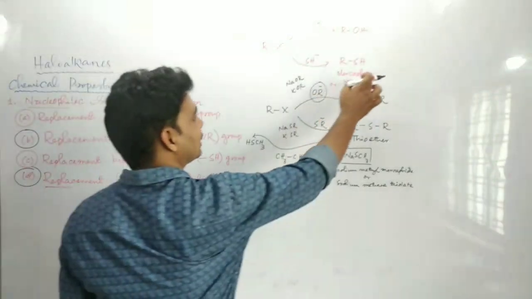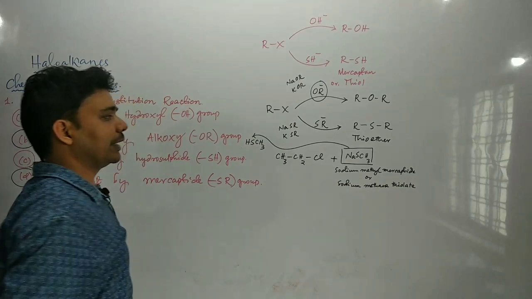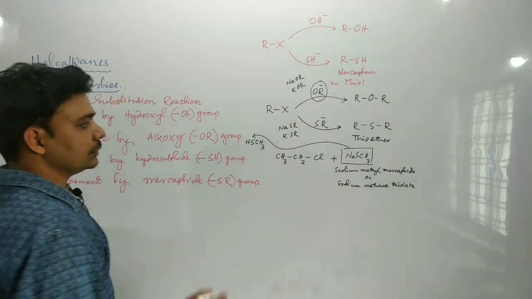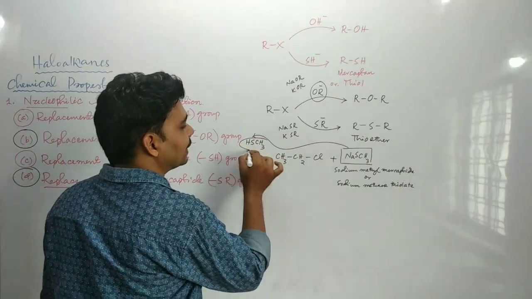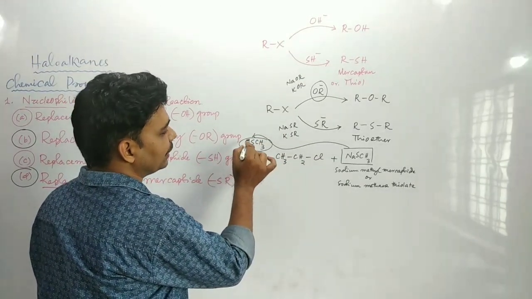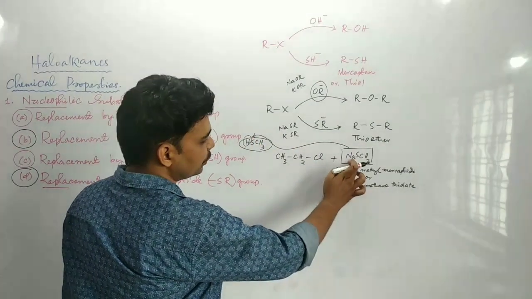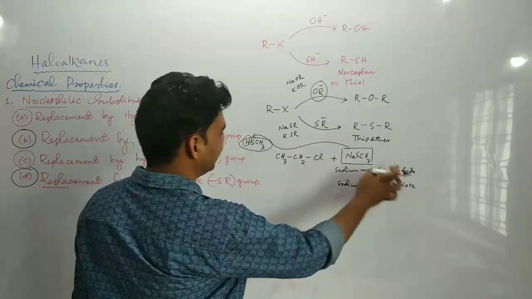These mercaptans are the products when alkyl halide is treated with hydrosulfide. So if it is methyl mercaptan, then when in the place of hydrogen ion, sodium ion is there, this would be sodium methyl mercaptide.